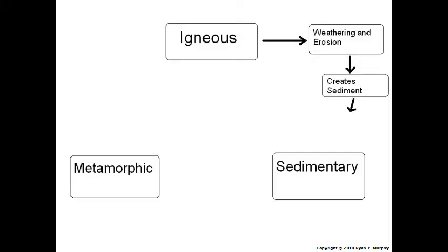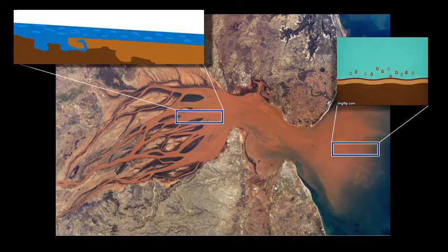All right, so we have our sediment, and that sediment is going to travel. It's going to harden, and the word for that is lithify. So lithification is just a fancy way of saying that all these little pieces of rock get stuck together and they harden into a new rock, and at that point, that's when we get our sedimentary rock.